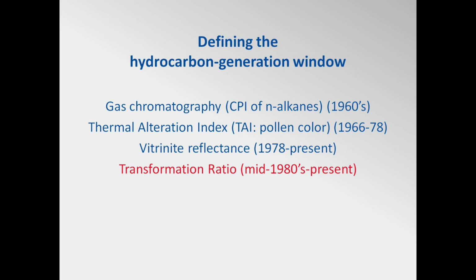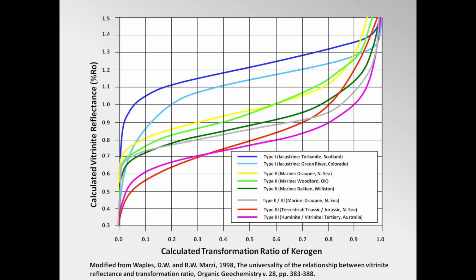Transformation ratio has a value of 0 when any kerogen is fully immature, and a value of 1 when that kerogen is completely exhausted. But problems arose because users were reluctant to move away from vitrinite reflectance as the standard indicator of hydrocarbon generation.